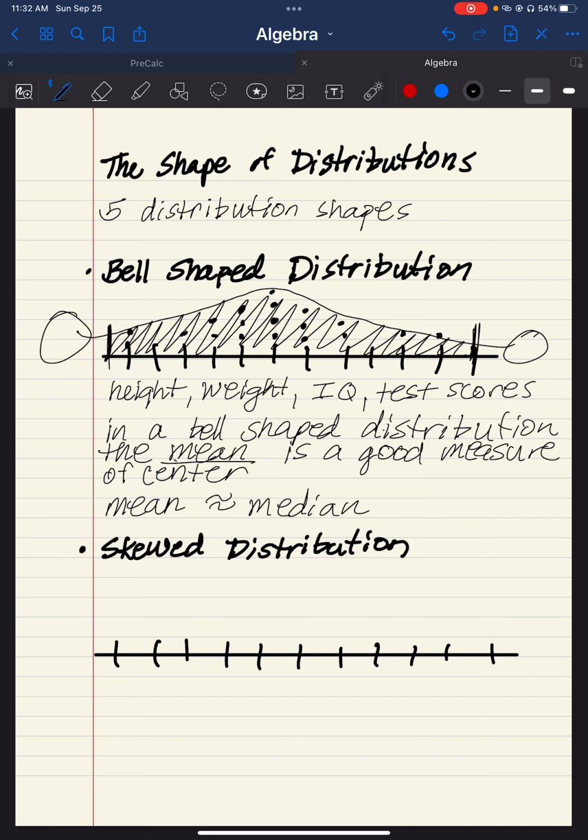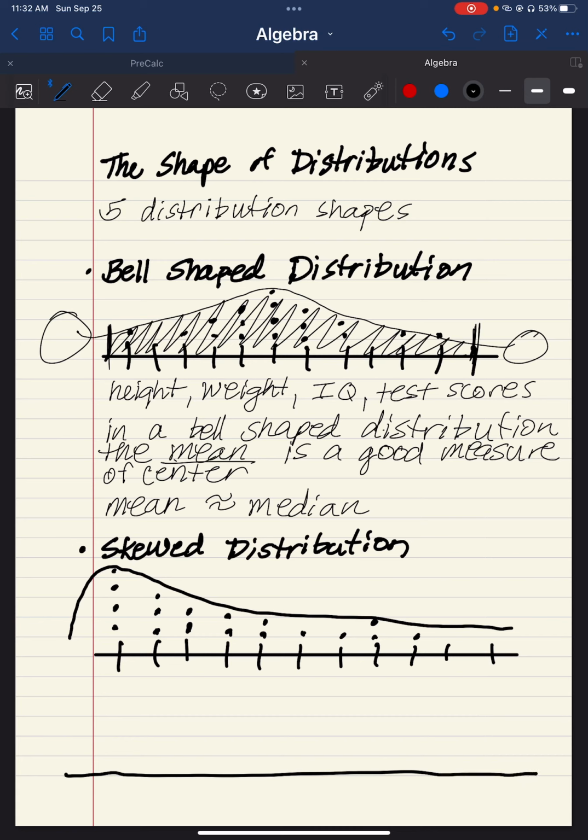And then a skewed distribution starts to look like this, where you could have it look like this, where things are lining themselves up in one direction. It doesn't have to be exactly skewed, but what ends up happening is you get this bump on one side and a tail on the other. And this can also happen going the other way. So let's take a look at that. I'm going to draw again some more scales.